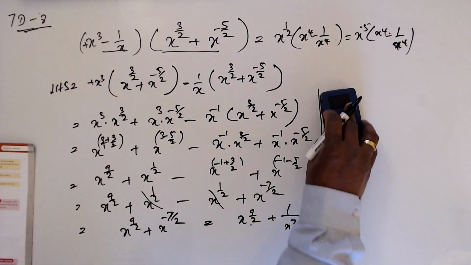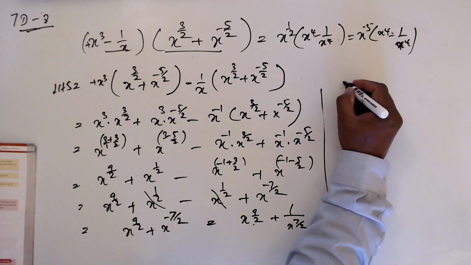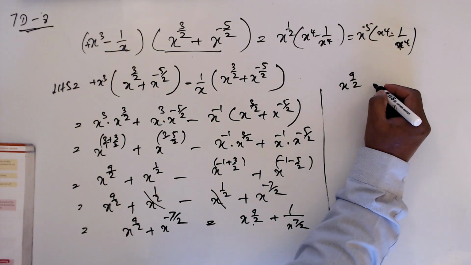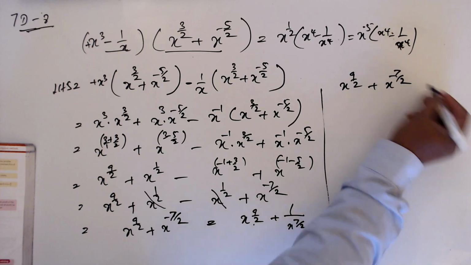Without the decimal points you can also work it out: x^(9/2) plus x^(-7/2).